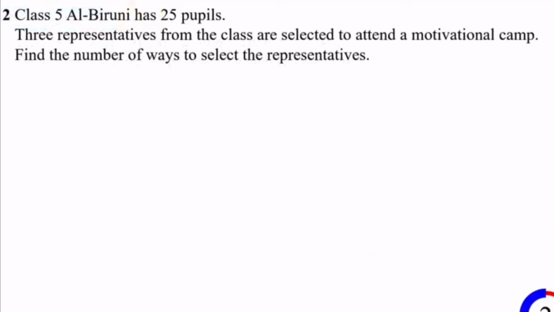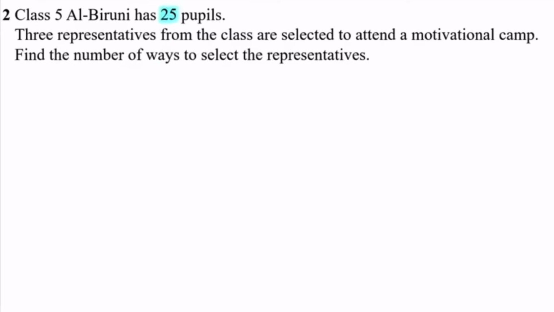It seems like a very direct question, selection of 3 representatives from 25 pupils. Is the order important or not? Not important. So the number of ways of selection is a combination because the order is not important.